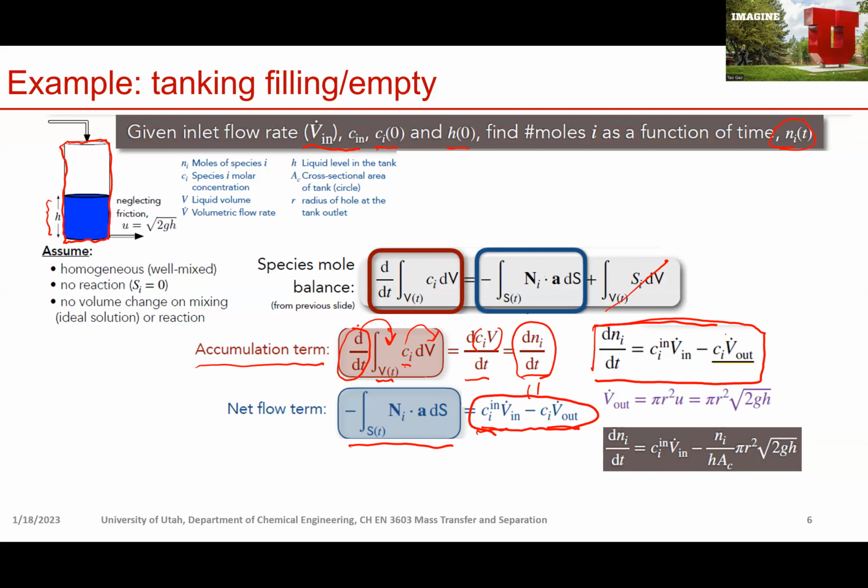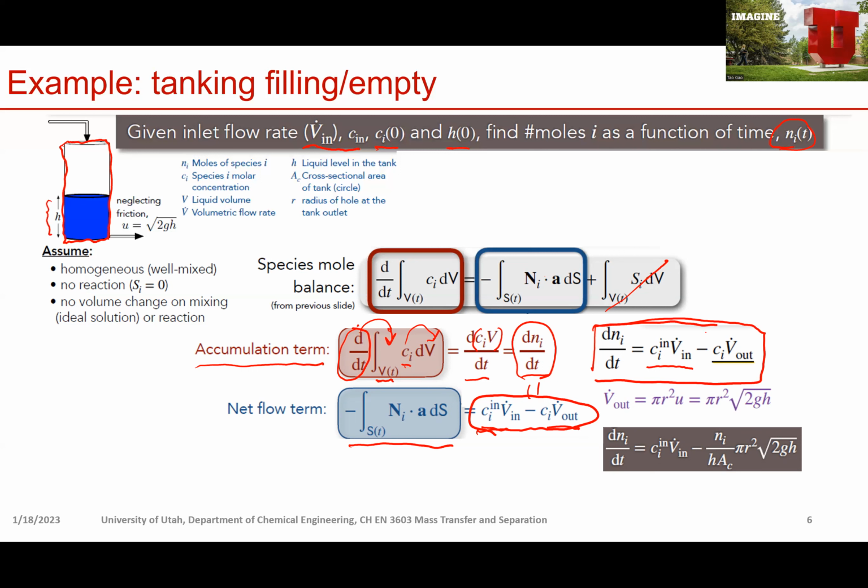Typically, when you write down an equation, you inspect all the parameters present in it to figure out which are known and which are unknown variables. That gives us a sense of what to do next. Ni is what we need to solve for.